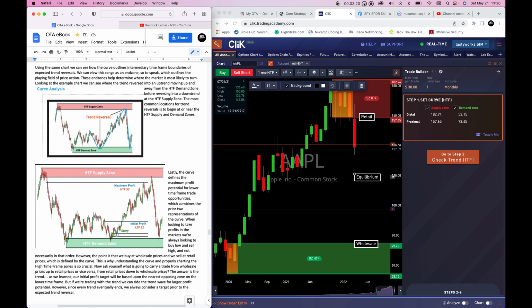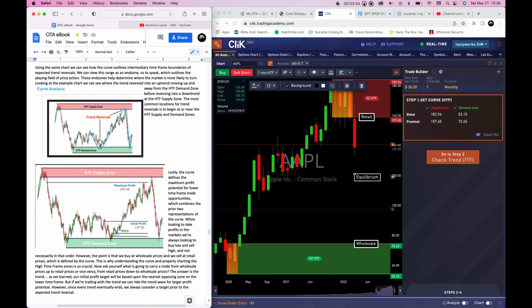Looking at the example chart, we can see where the trend reversed into an uptrend, moving up and away from the high time frame demand zone before reversing into a downtrend at the high time frame supply zone. The most common locations for trend reversals is to begin at or near the high time frame supply and demand zones.